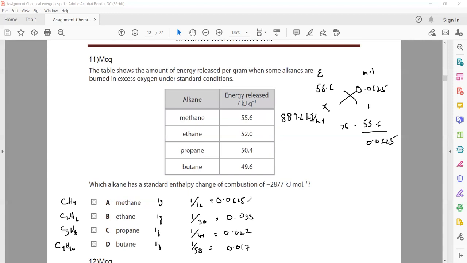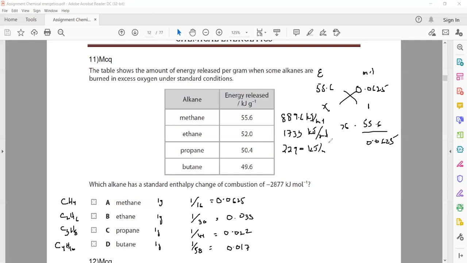Same thing for ethane. This is the energy release per gram, so we divide by the moles in 1 gram, that is 0.03. So 52 divided by 0.03 equals 1733 kilojoule when 1 mole is burned. And 50.4 divided by moles of propane, 0.022, equals 2290 kilojoule per mole.